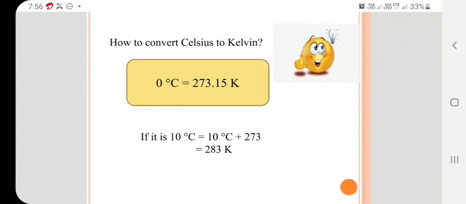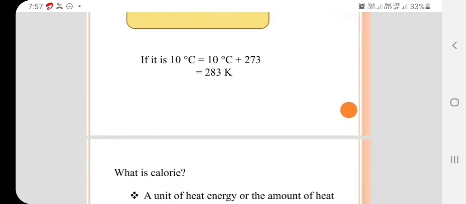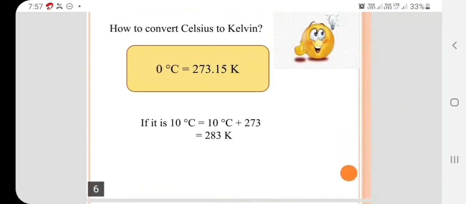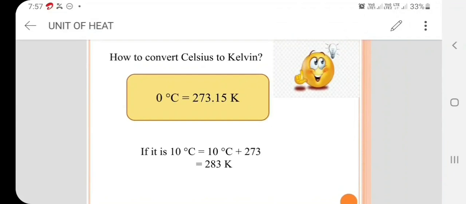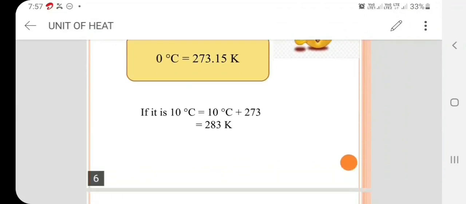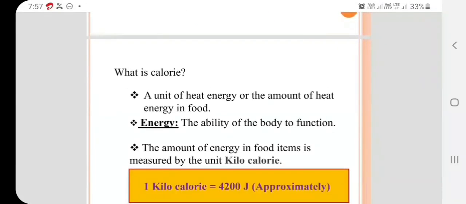We have seen how to convert the Celsius scale into Kelvin scale. Celsius means you put degrees C, but in the Kelvin scale you just put a capital K, that's it. When you convert Celsius into Kelvin scale, you have to add 273 to that degree Celsius.